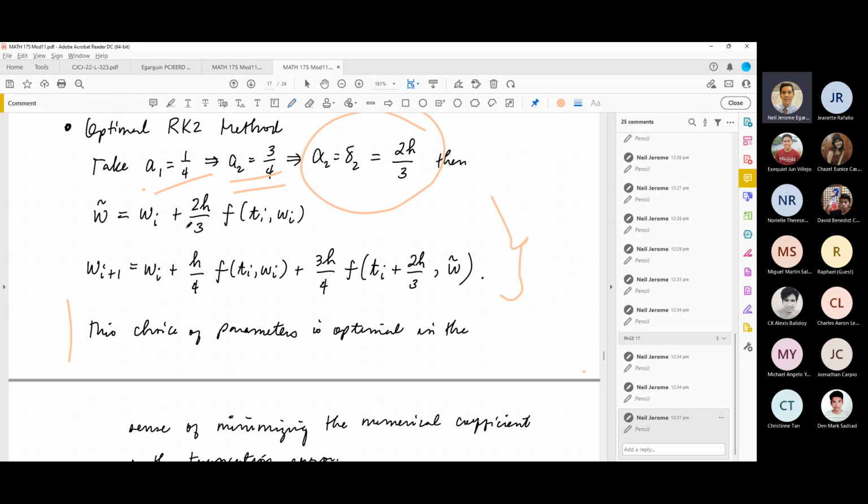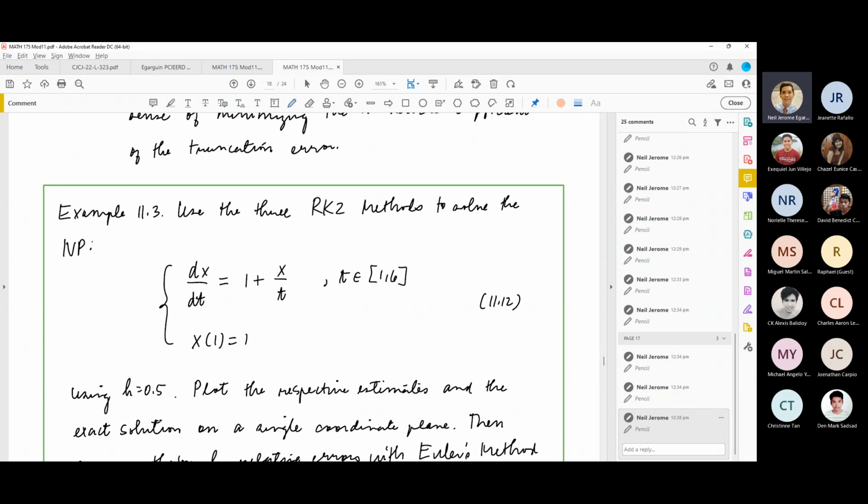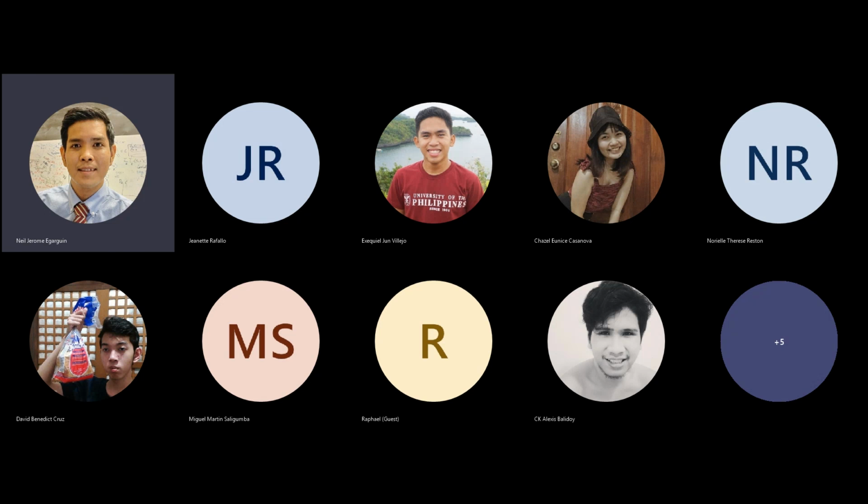So ngayon implement natin siya. Siguro pakita ko ng mabilis yung aking MATLAB code. Tapos pagalingan na lang mag-screenshot. Hold on. Kailangan ko palang stop share. Para lang magkaroon kayo ng idea paano magsulat ng isang simpleng Rk2 method program, ano?